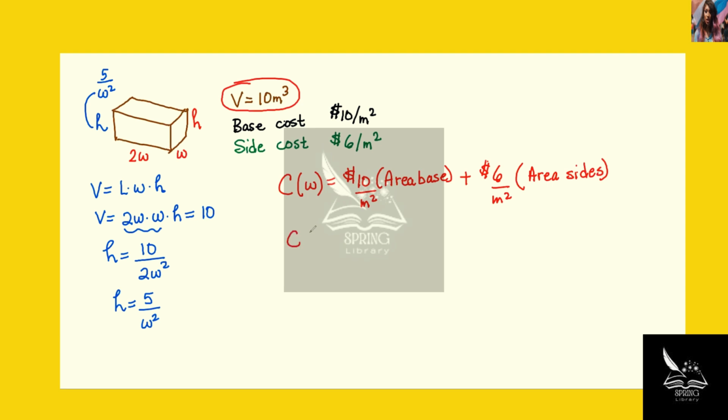So let's go ahead and find the areas in terms of w. I'm going to leave out the units for now to keep it simple for solving, and at the end, we'll make sure our answer is in correct units.